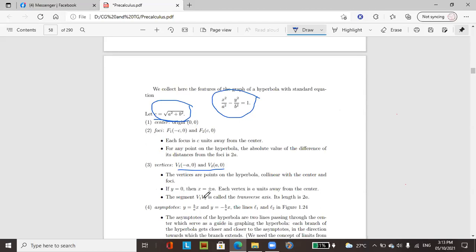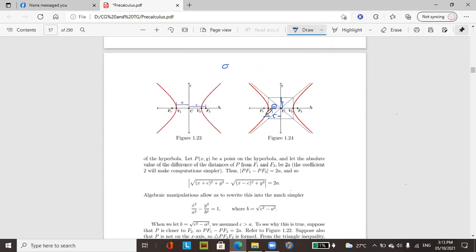So the line segment V1V2 is called the transverse axis, and its length is 2a. As you can see, going back here, this line segment is what you call the transverse axis.